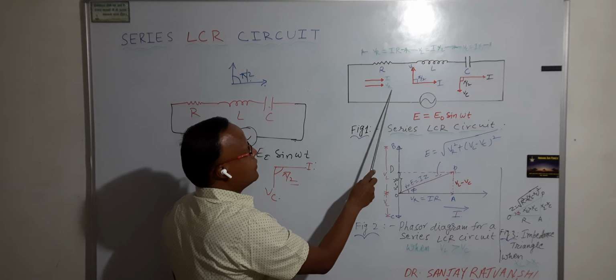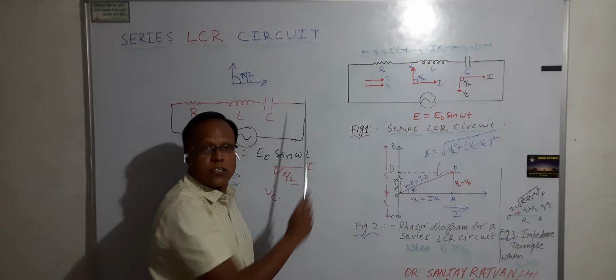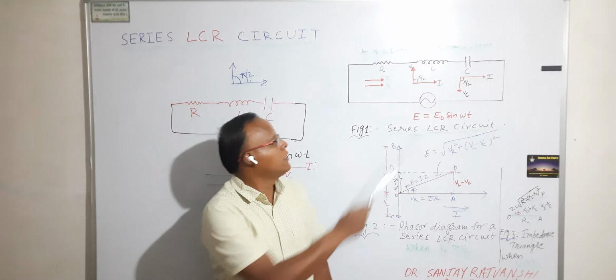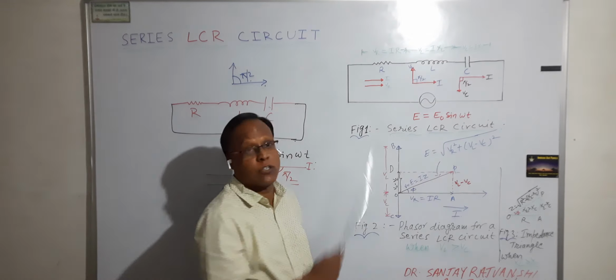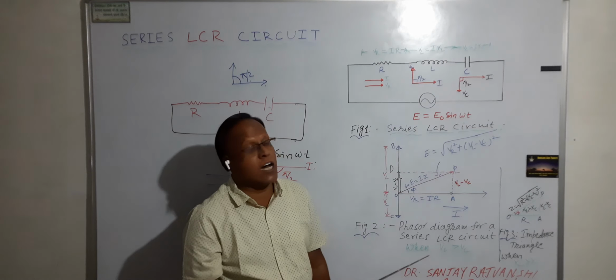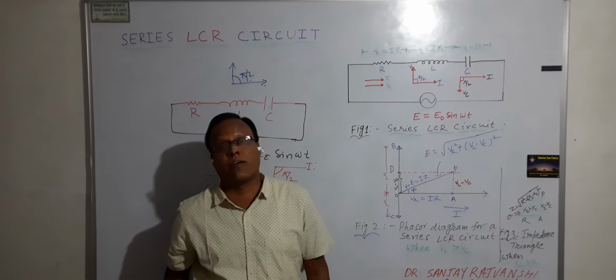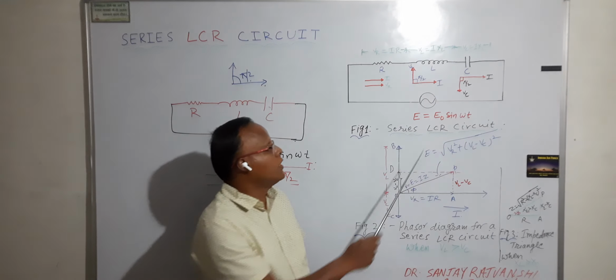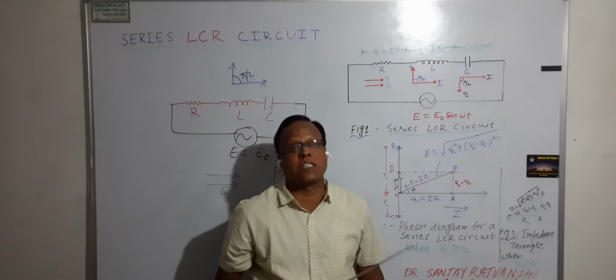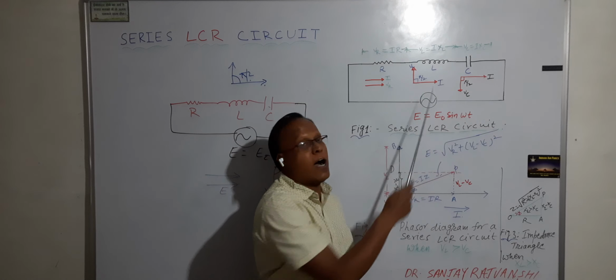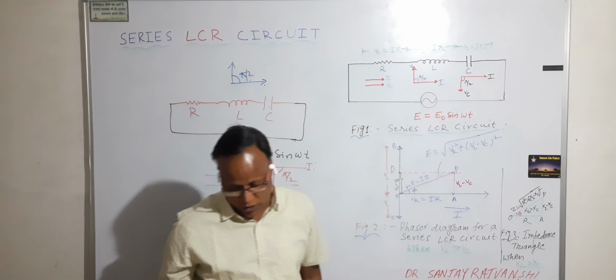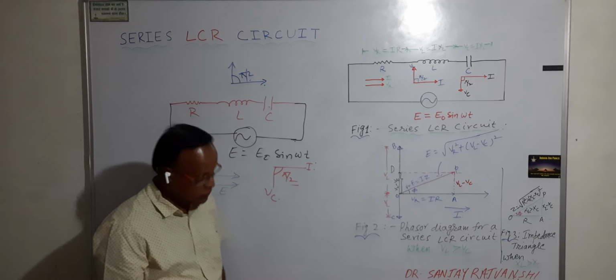The I and VR are in the same phase in the case of a pure resistive circuit. VL and I have a phase difference of pi by 2: in a pure inductive circuit, the current lags behind by pi by 2, and in a pure capacitive circuit, the current is ahead by pi by 2 with the voltage.